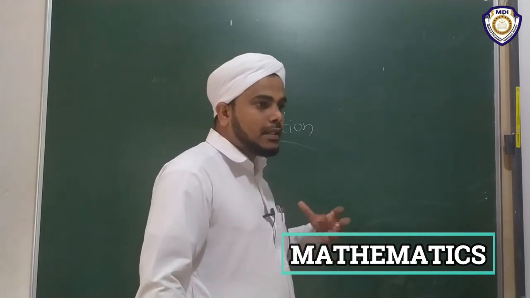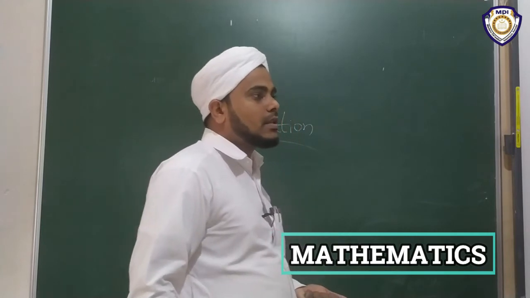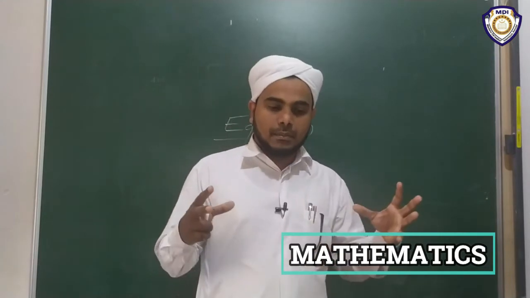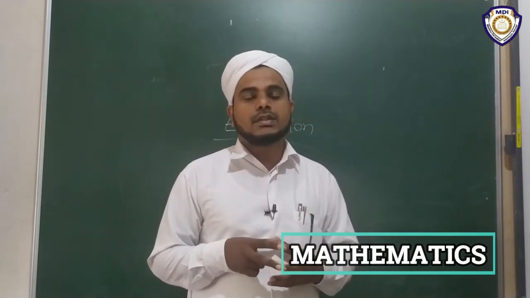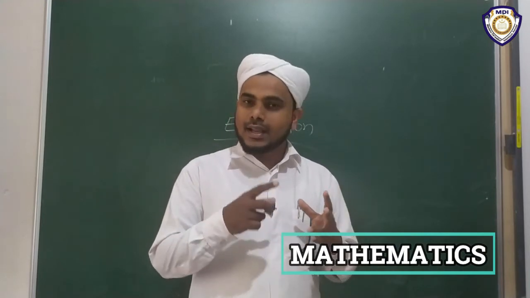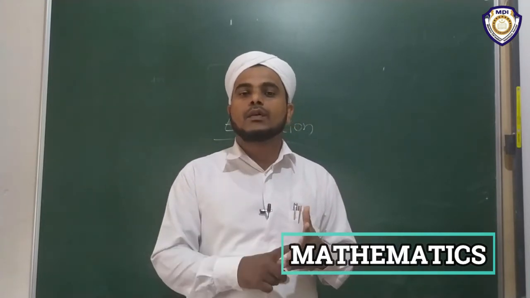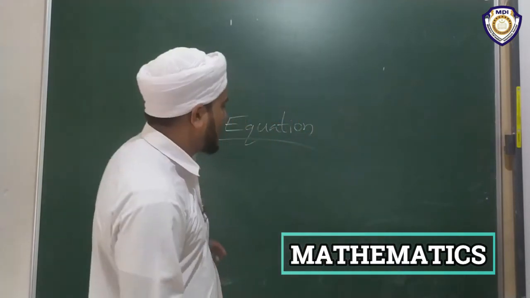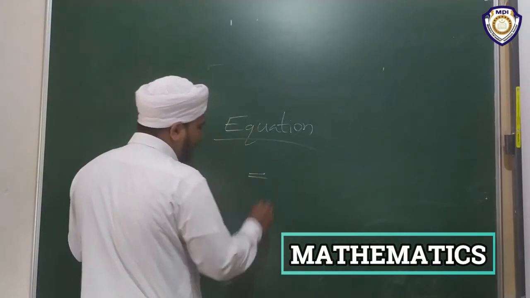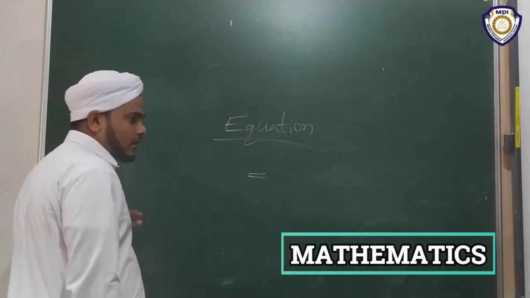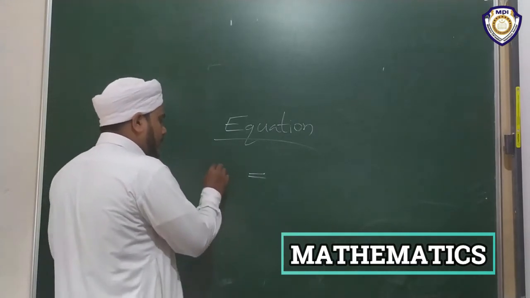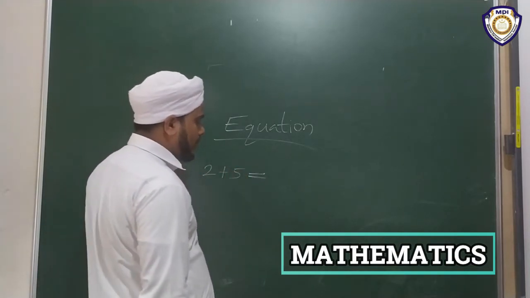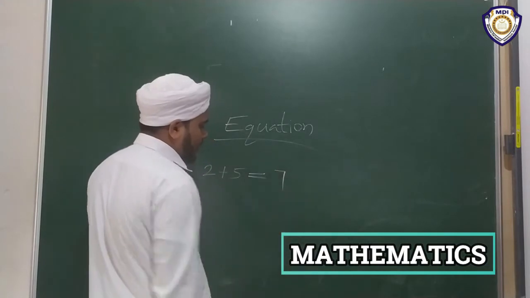We can simply define equation: it is a combination of three things, which are the left side, the right side, and the symbol of equal. First, the symbol of equal. This is the symbol of equal. Then there may be 2 plus 5, which means 7.